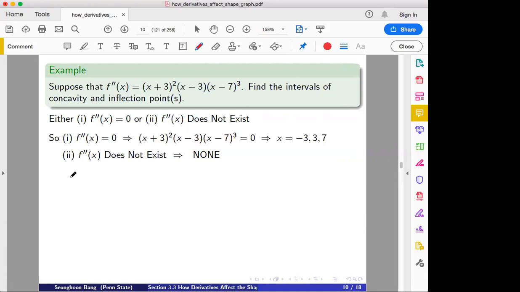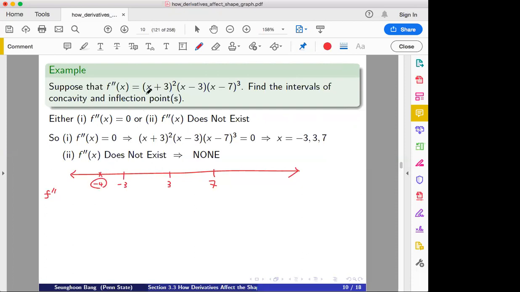Next, you plot negative 3, 3, and 7. Then you check whether the second derivative is positive or negative by choosing test numbers. Choose a test number less than negative 3, for example minus 4.